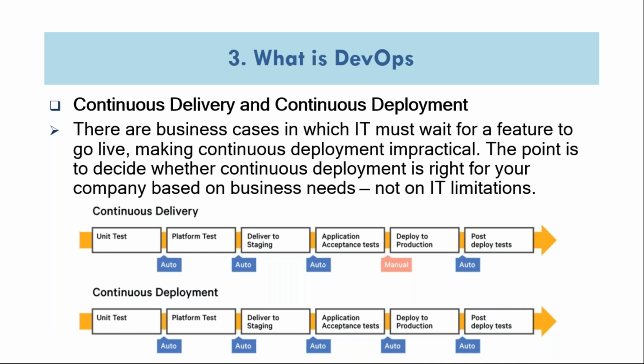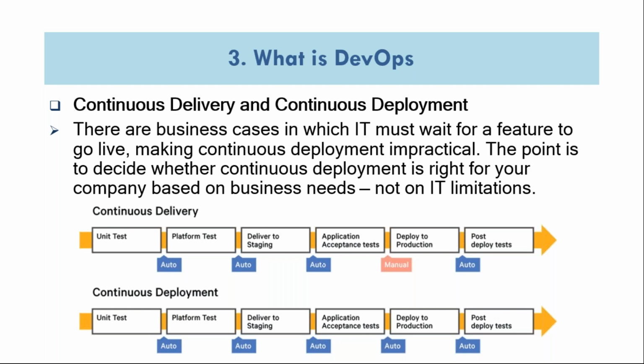There are business cases in which IT must wait for management decisions before it goes live. That is what provides the comfort. So continuous delivery is used in most places. Continuous deployment is right for some projects which do not require any manual intervention, some features like e-commerce applications, where what product is displayed and what inventory is updating.